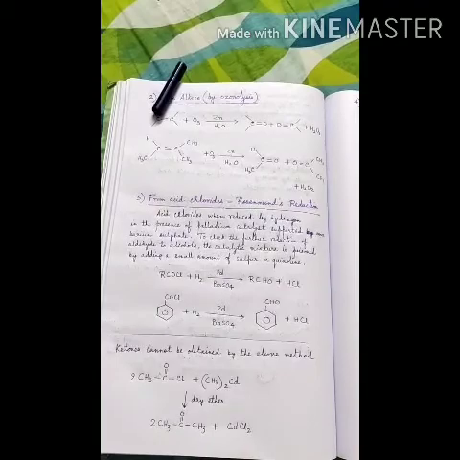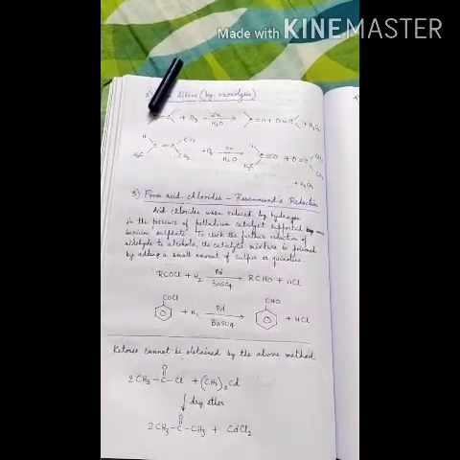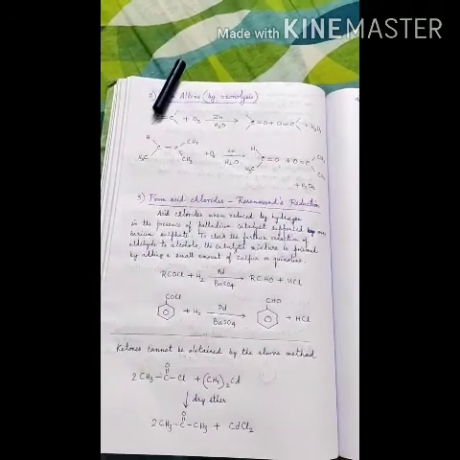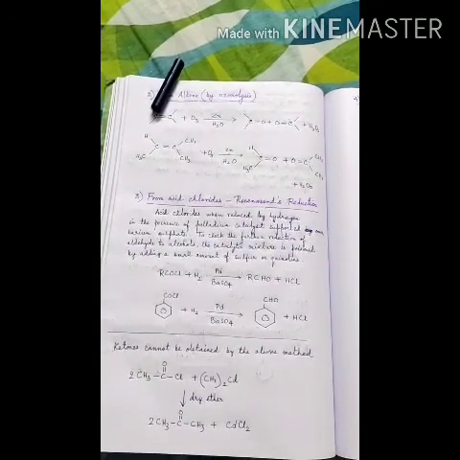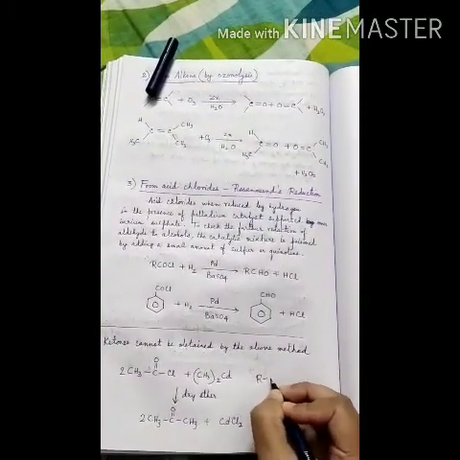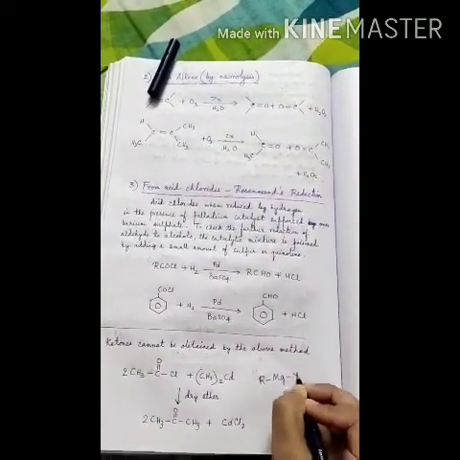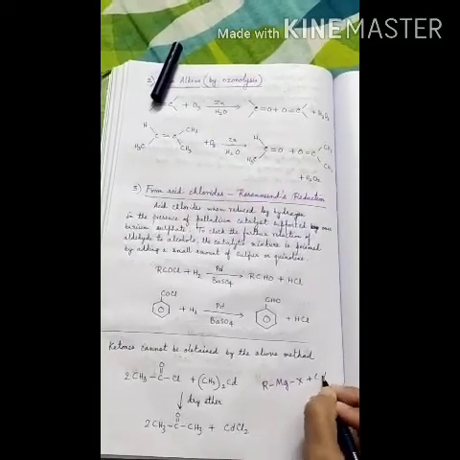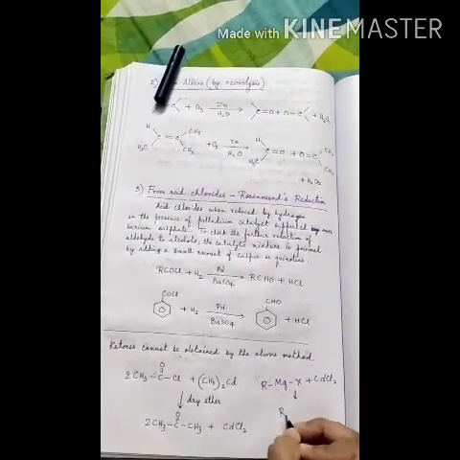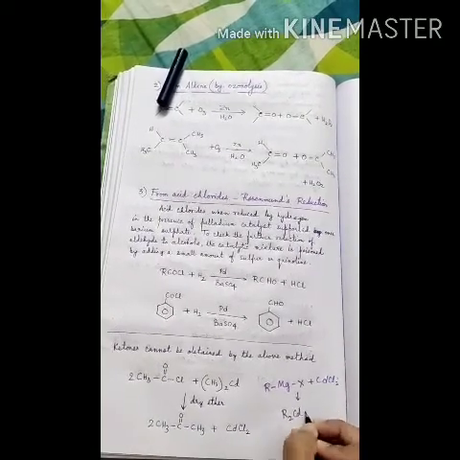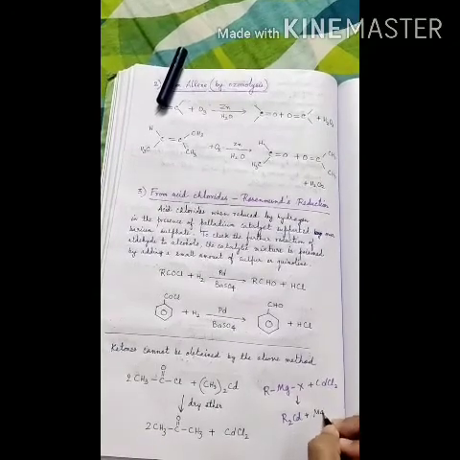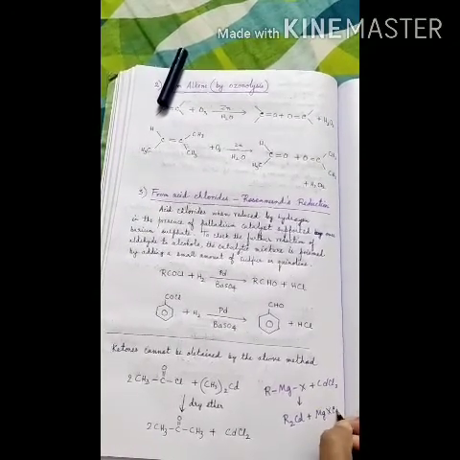Here one more thing I want to add, that is the dialkyl cadmium which is required in this reaction is prepared by the reaction of cadmium chloride with Grignard reagent, that is RMgX. When treated with cadmium chloride CdCl2, it gives us R2Cd plus it produces MgXCl.